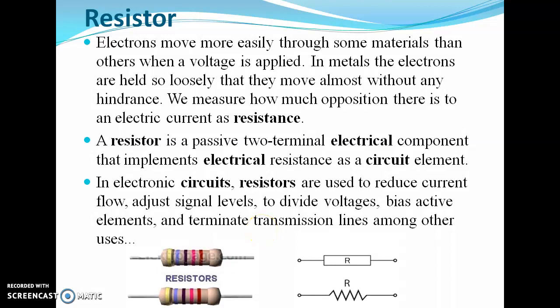So now why do we have to use a resistor? What is the application of a resistor? The basic application of the resistor is to reduce current flow or to divide the voltage. Okay, so you can see here a symbol of a resistor, right?